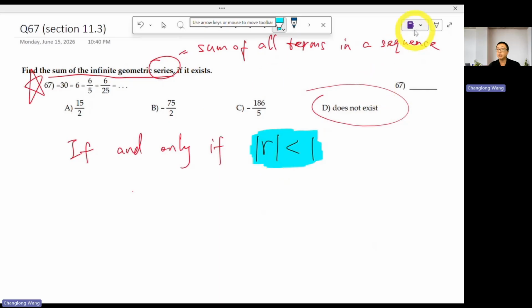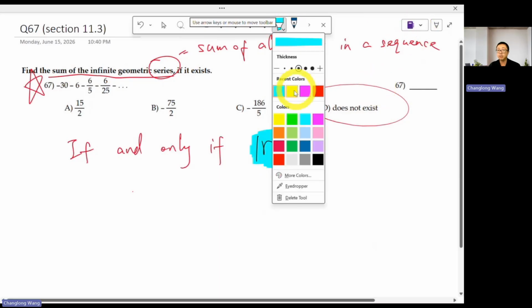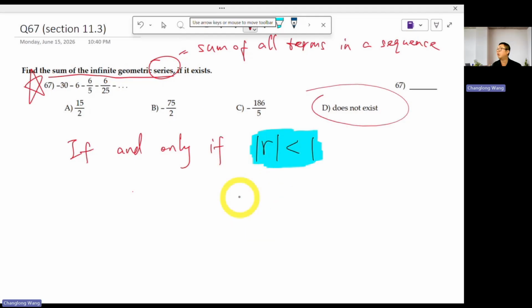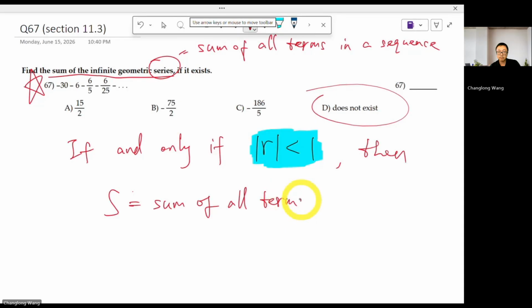It has to be smaller, but it could be negative because of the absolute value, right? I'm not talking about the actual number for R. So let's say R could be negative 0.5. Now, if that works, then you have the infinite sum. So S stands for the sum of all terms. That works out as simple as A1 over 1 minus R.